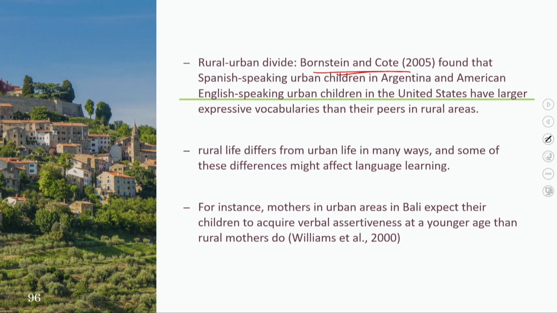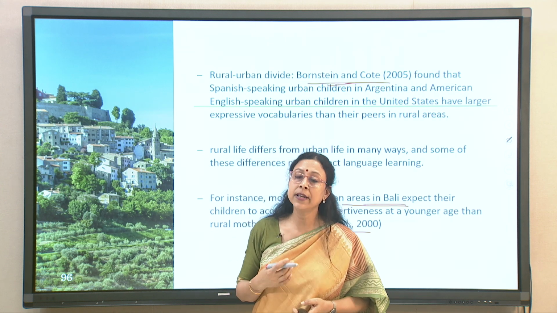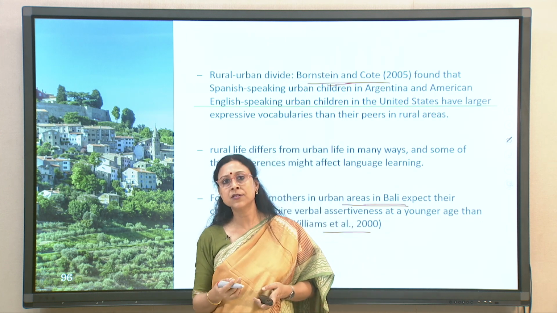For instance, in the case of Bali, studied by Williams et al. in 2000, mothers in urban areas expect their children to acquire verbal assertiveness at a very young age, more than rural mothers do.